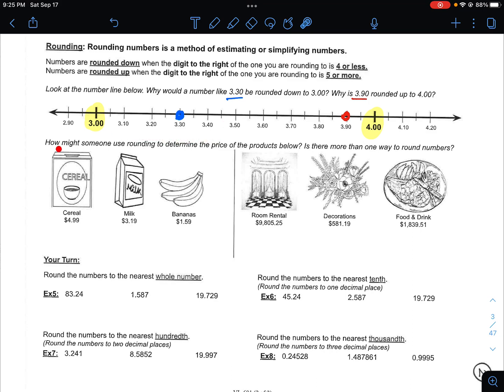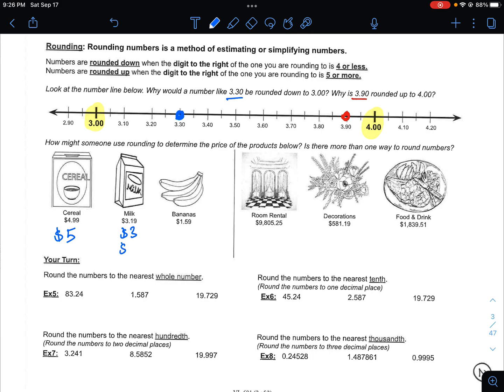So how might we use some rounding to determine the price of the products below? Is there more than one way to round a number? Well, yeah. If I looked at this cereal for $4.99, I would just say, oh yeah, this cereal is like $5. If I looked at this milk for $3.19, I would just say, oh, the milk is like $3. But some people might say that the milk is like $3.20.